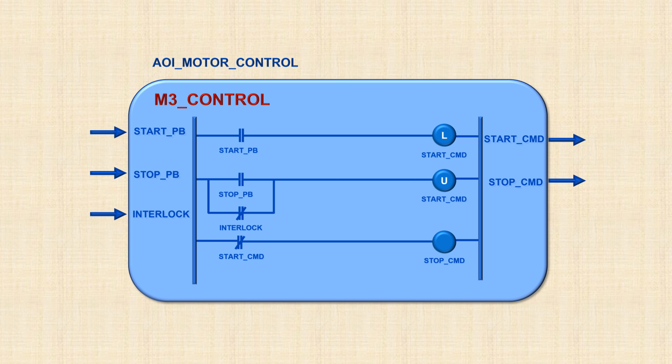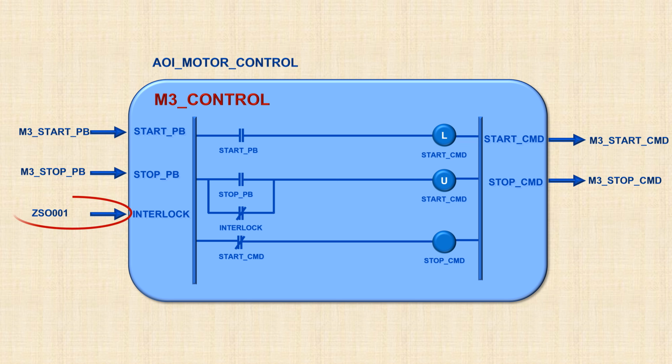With an increased number of tags, there will always be a chance of accidentally connecting the wrong tag with an AOI. As an example, here we have connected valve 1 limit switch to motor 3 control instead of valve 3.